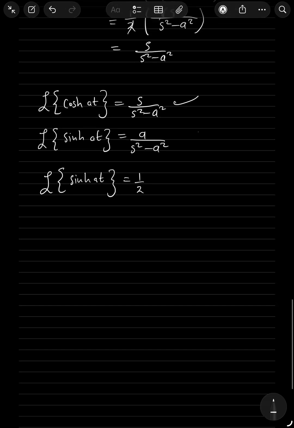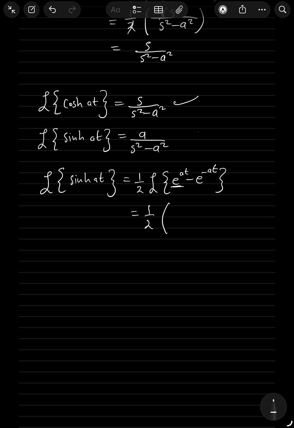So half the Laplace transform of e to the power at minus e to the power minus at, right? And then this is going to be half, and then the Laplace transform of e to the power at is what?